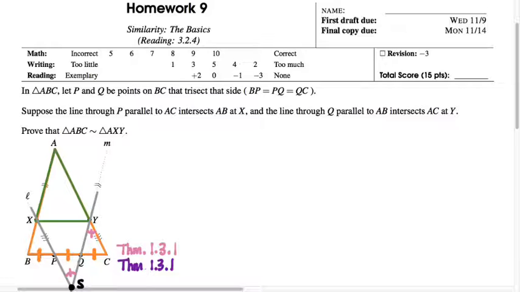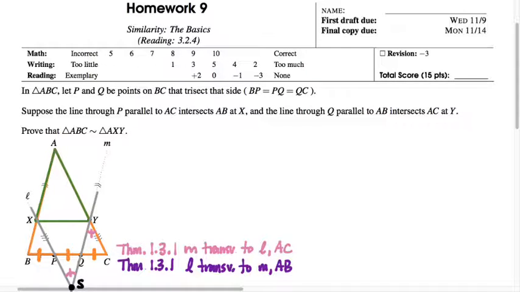Right, so taking AB and M as our set of parallel lines, and L is a transversal to AB and M. I'm going to try and sketch these in here. So L as a transversal to M and to AB, whereas in 131 we used M as a transversal to L and to AC.